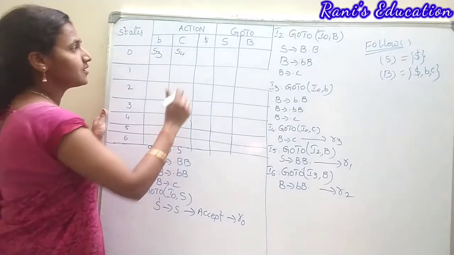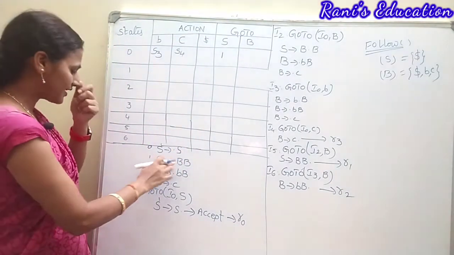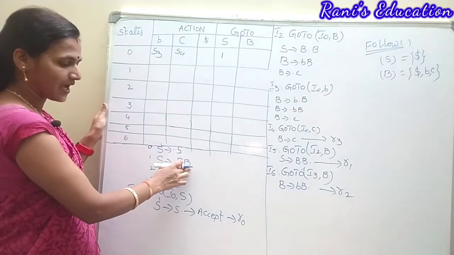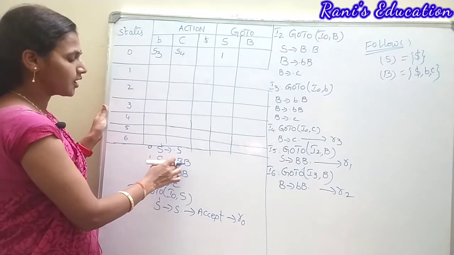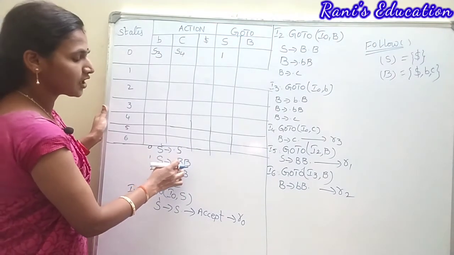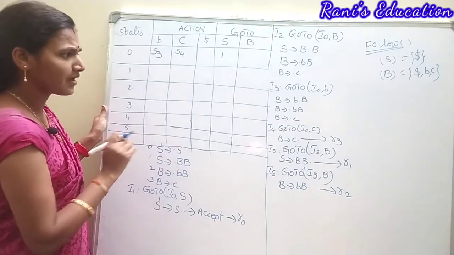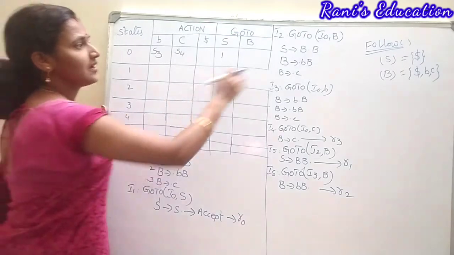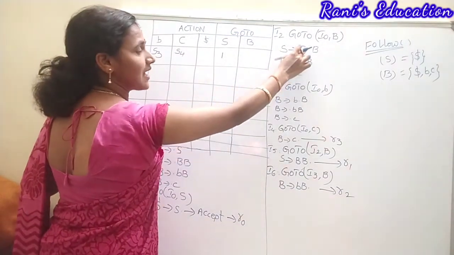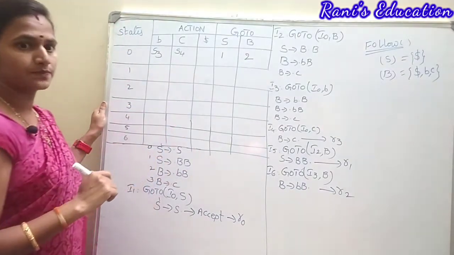S, isn't it? So under S you are going to write the number 1. Go for the next production which is left in I0, that is S to dot B B. In which item is the dot non-terminal B changed to B dot? In the second item, so under B you are going to write the number 2.